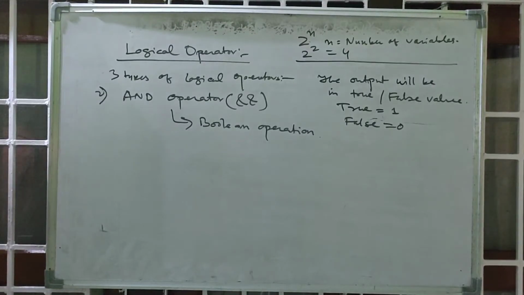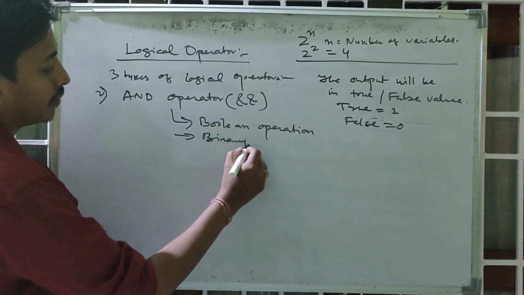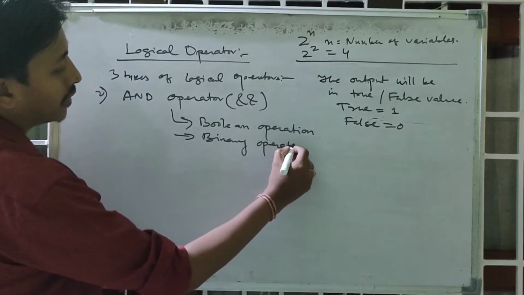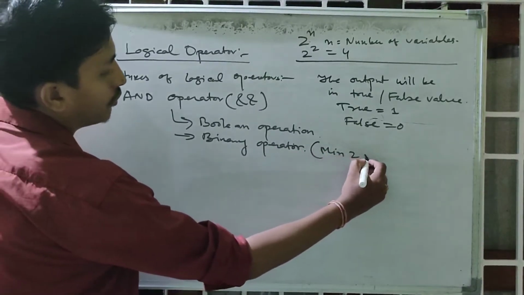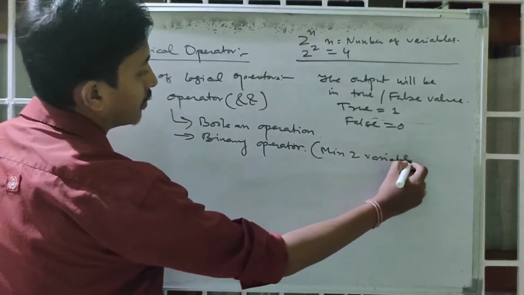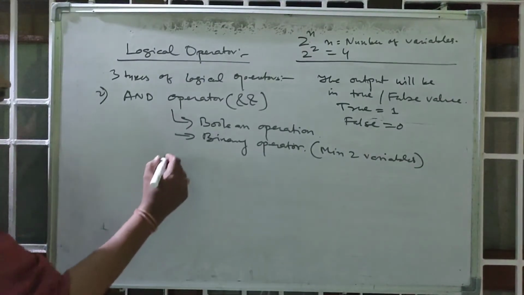It is also a binary operator because it requires minimum 2 operands, minimum 2 variables. Now these operations result true if both the operands are true.